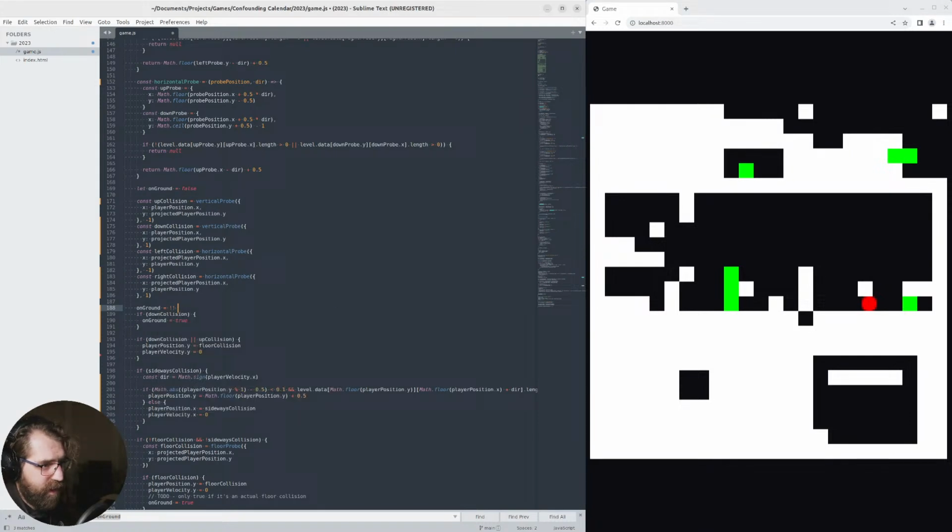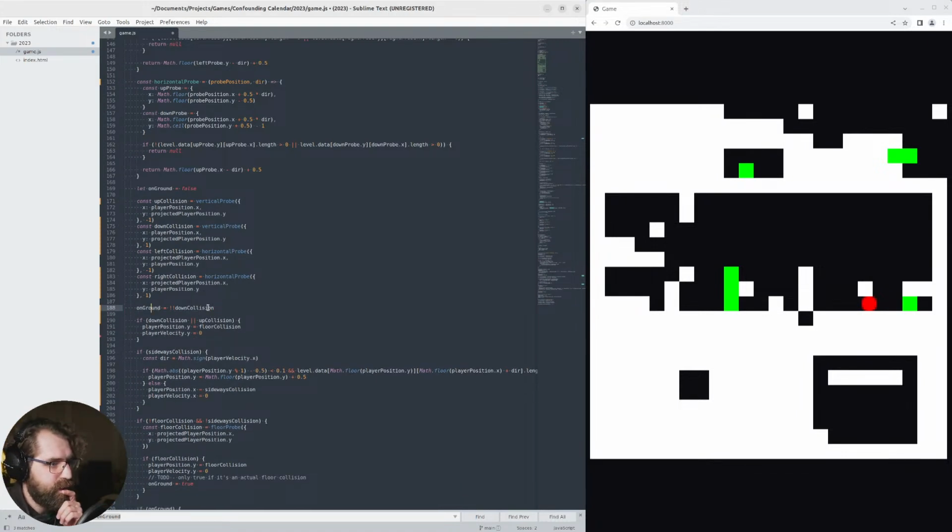So that's not actually a Boolean, so I'll convert it into a Boolean with that. If down collision or up collision, then do this. If sideways collision, then what is this doing? This is doing the special thing we just added, or it's doing this. So again, if either of them are happening, we want this to happen.